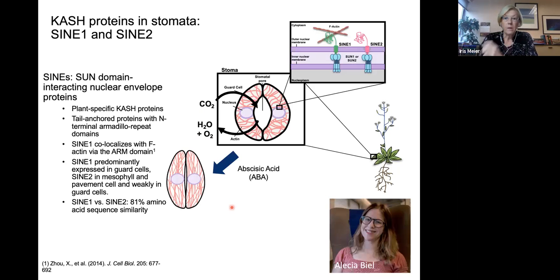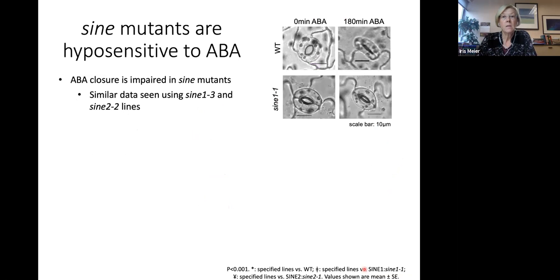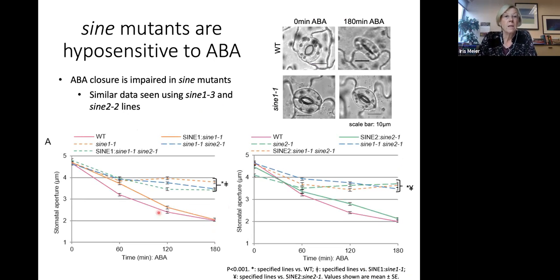So, okay, back here. So Alicia Beer, my graduate student, took on this project and decided she really wants to know whether there is a role for these proteins in this process, and did her tests. And yes, indeed. So we see that if we stimulate these epidermal peels with ABA, in wild type, the GARD cells are closing after 3 hours in this assay, while the mutants are remaining partially or mostly open.